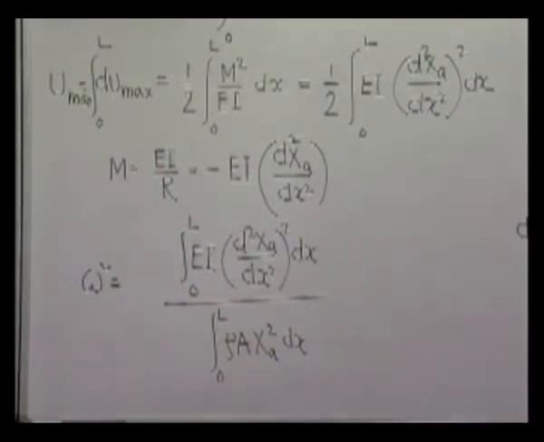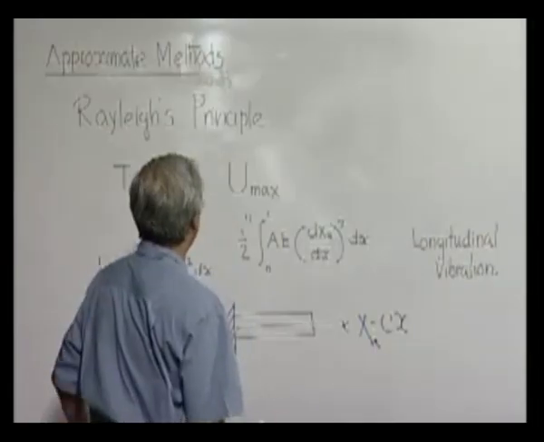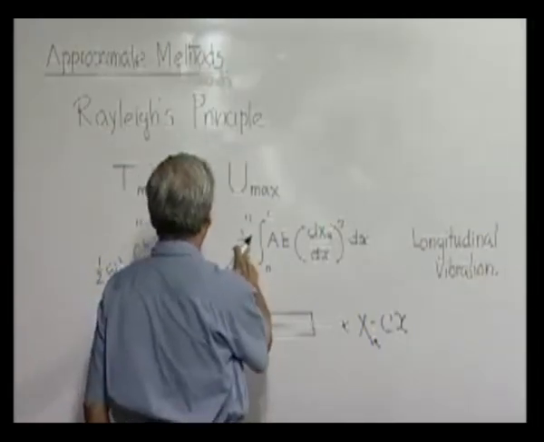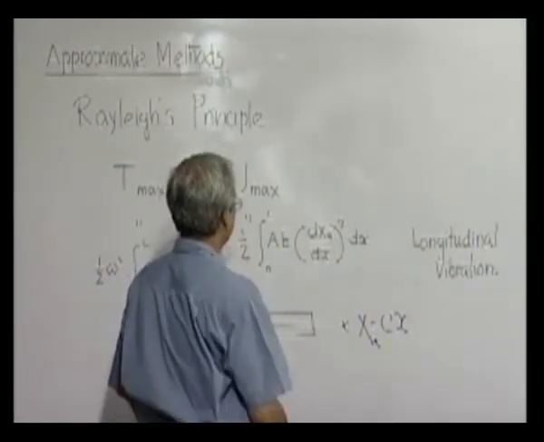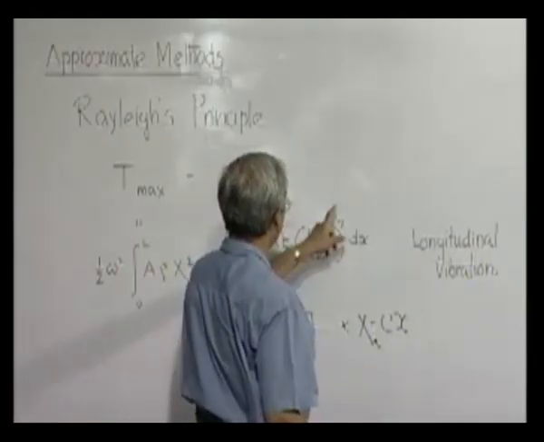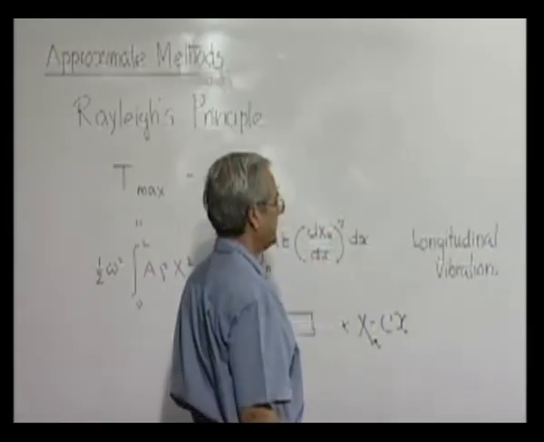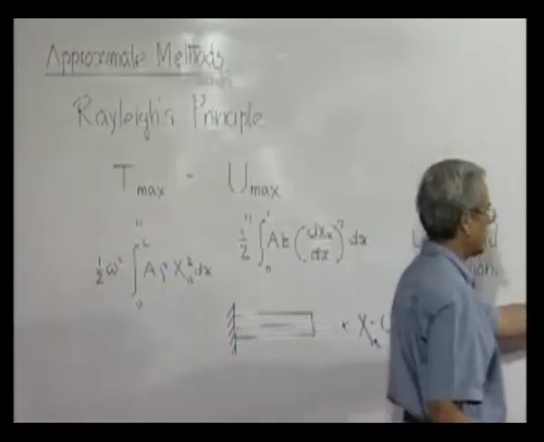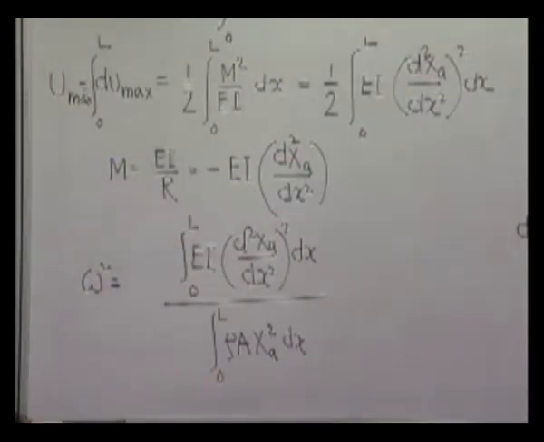So it is slightly different. In this case, we are having half EI into d2X by dx2 whole square into dx, and the expression for the natural frequency we get like this.